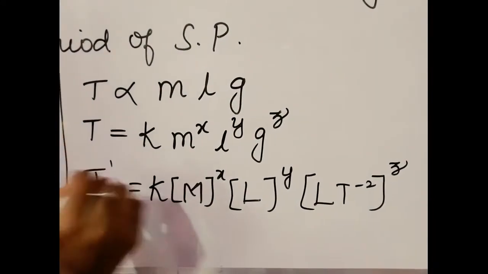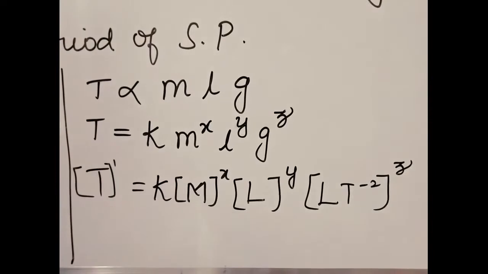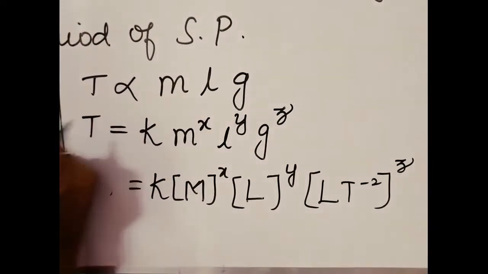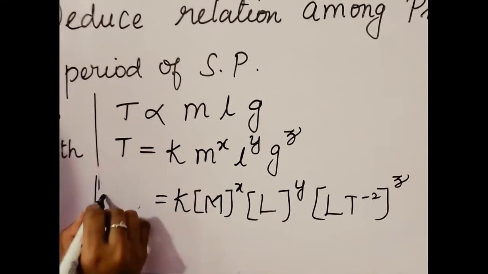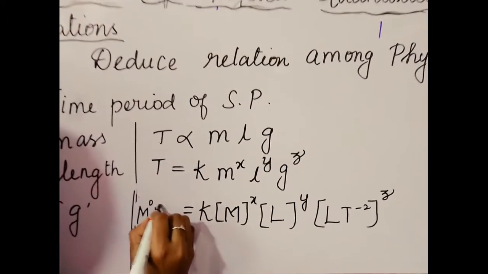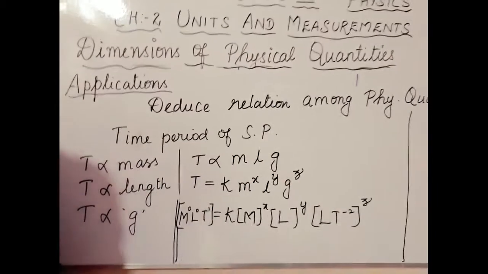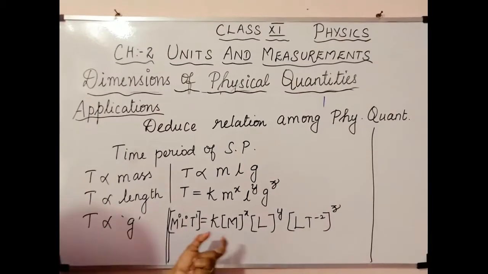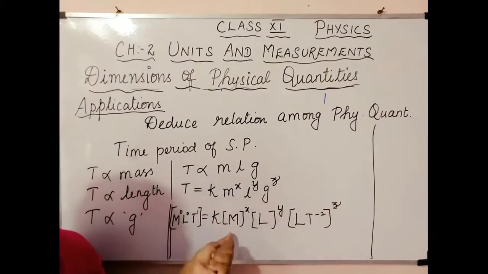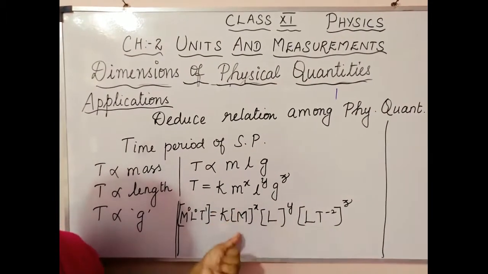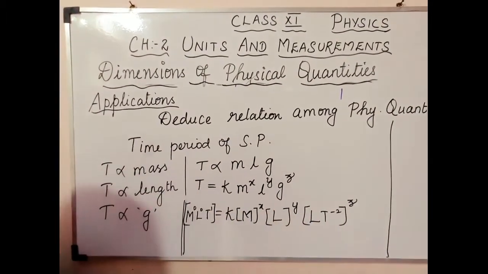This equals T power 1, or you can write it as M power 0, L power 0, T power 1. Understood? I have written the dimensional formula for each physical quantity: mass, length and acceleration due to gravity.